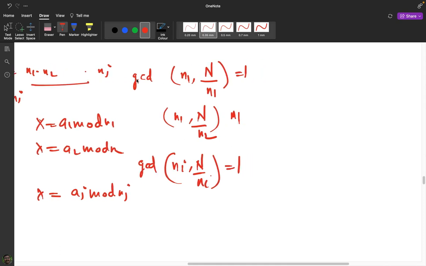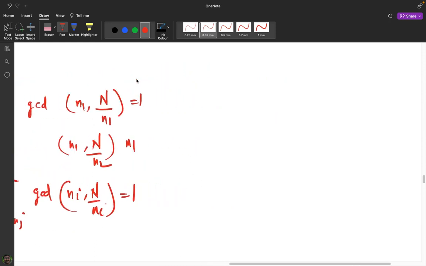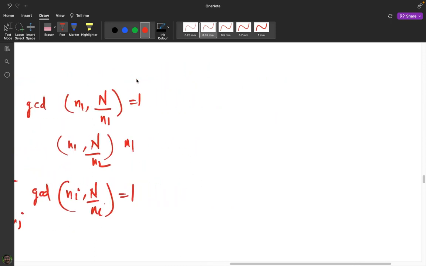Okay. Now, since GCD of n1 and n by n1 is equal to 1, you know that GCD can be written as a linear combination of the factors. So I can find some scalars, lambda 1 n1 plus some mu 1 n by n1 which is equal to 1.